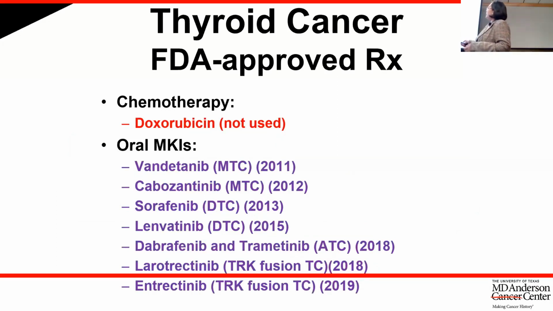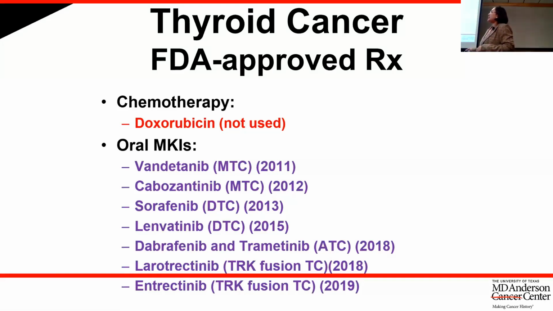So what are the FDA approved treatments? You can see here that previously they used doxorubicin because there was really nothing else available. But over a period of time, vandetanib was the first drug, a multi-kinase inhibitor, which means it worked on multiple receptors. It was the first drug approved for thyroid cancer, and that was for MTC. Then came cabozantinib.